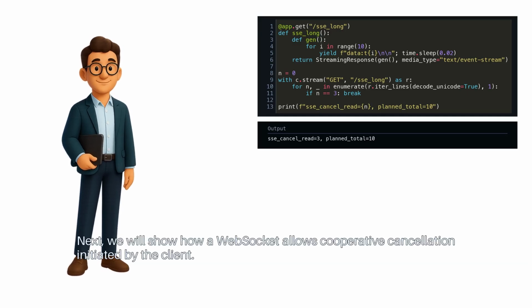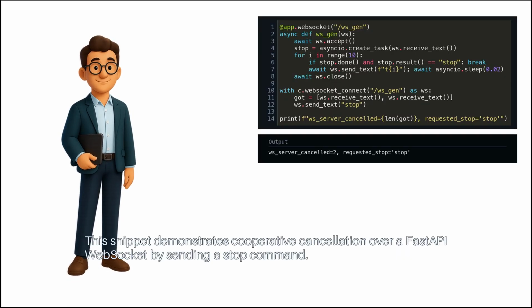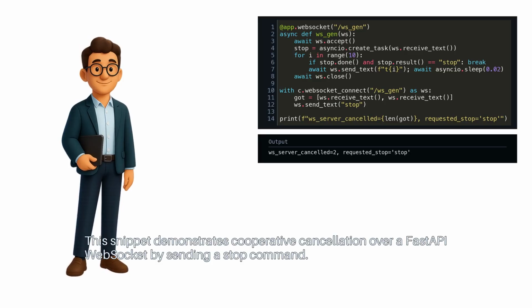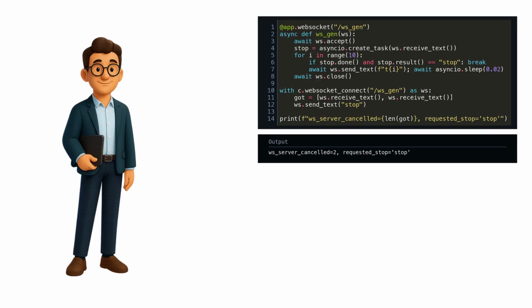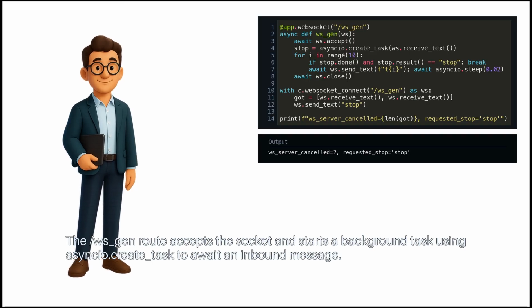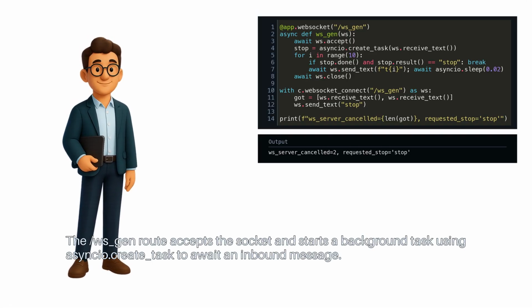Next, we will show how a WebSocket allows cooperative cancellation initiated by the client. This snippet demonstrates cooperative cancellation over a FastAPI WebSocket by sending a stop command. The /wsgen route accepts the socket and starts a background task using asyncio.create_task to await an inbound message.